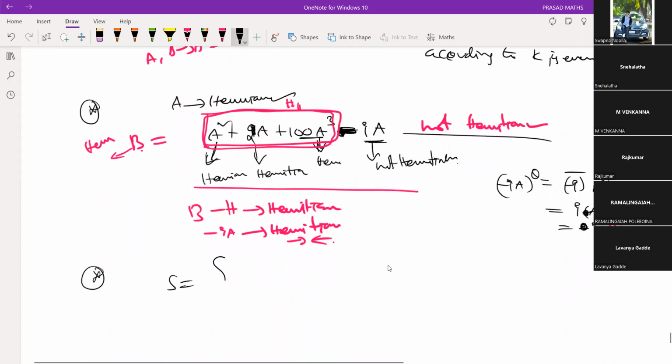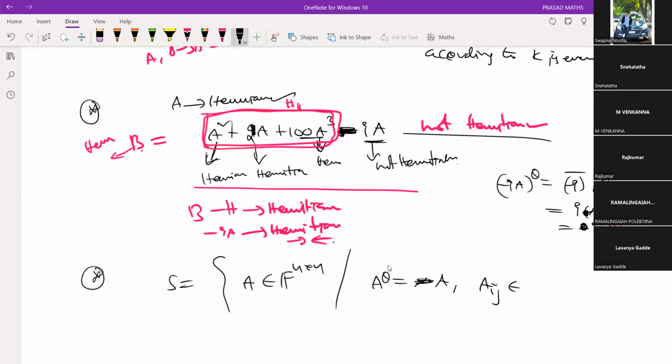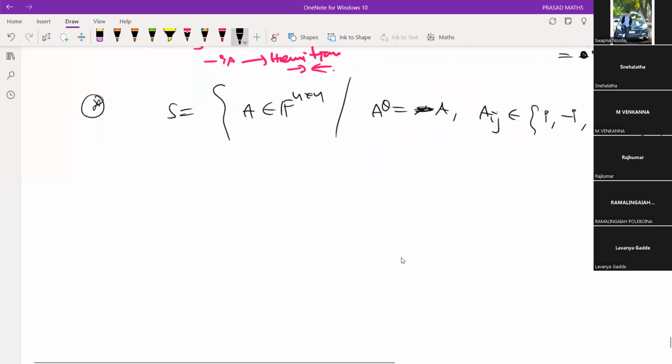Next. Suppose I take the set S of all skew Hermitian matrices. Tell me, what is the cardinality of S?